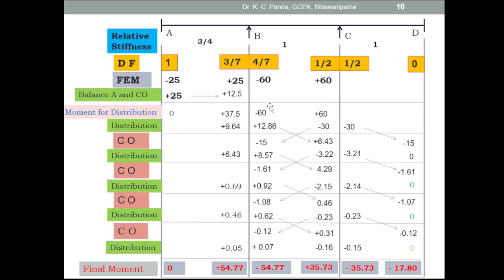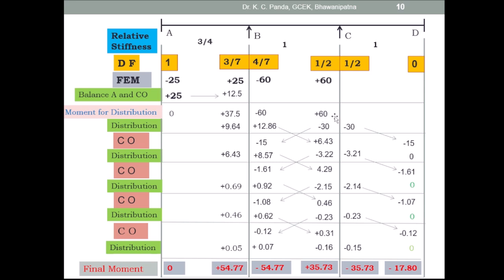So the unbalanced moment, 37.5 minus 60, into 3/7, you have to put here in opposite sign. Similarly, the unbalanced moment you multiply with the distribution factor 4/7, and put here in opposite sign. So this is the balanced moment 9.64, and here the balanced moment is 12.86.